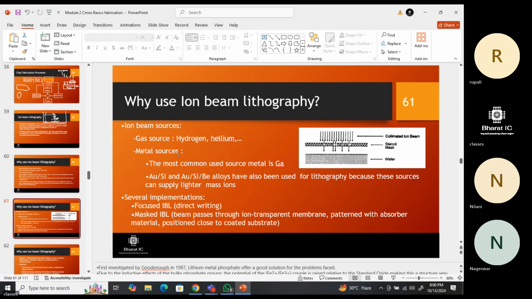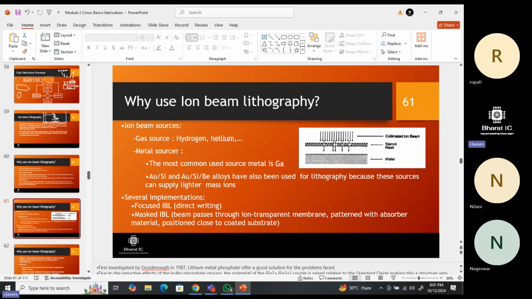Alloys like AuSi and AuSiB have also been used for lithography because these sources can supply lighter mass ions. If anyone asks what the sources of ion beam are, you can say: if it is a gas source, hydrogen or helium; if it is a metal source, commonly gallium, or sometimes AuSi or AuSiB alloys, because they are good for lithography and supply lighter mass ions.